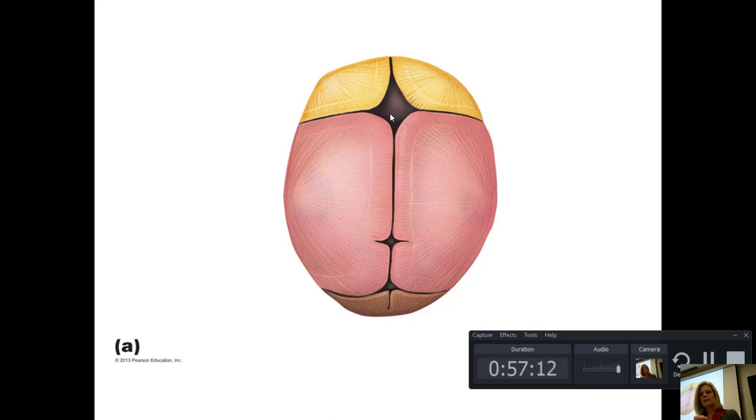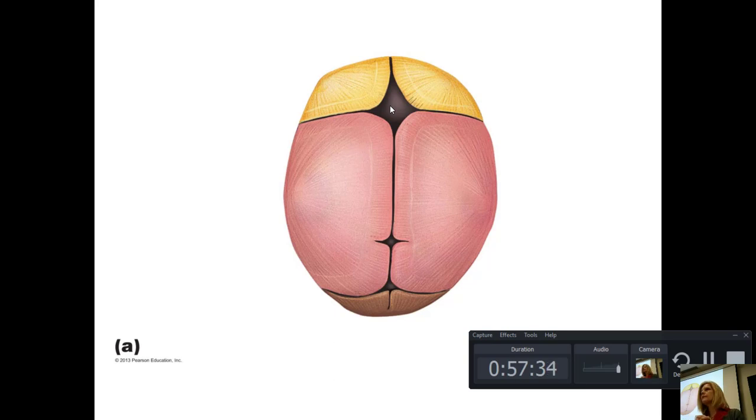So if we look at this first space, because it is near the frontal bone, it's called the frontal fontanelle. It's a connective tissue covering over the brain, about as thick as a canvas. It's a very thick covering, but if you hit that hard enough, it can do damage to the brain.